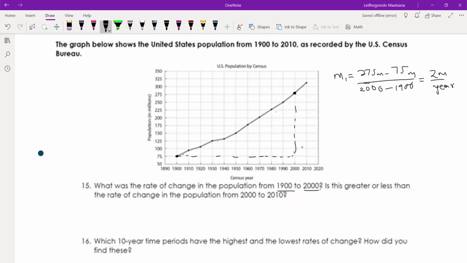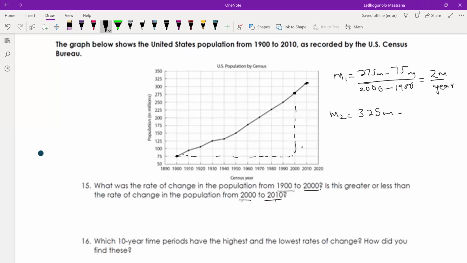1900 to 2000. Let's look at the difference between 2000 and 2010. Our gradient would be in 2010, we had 325 million.